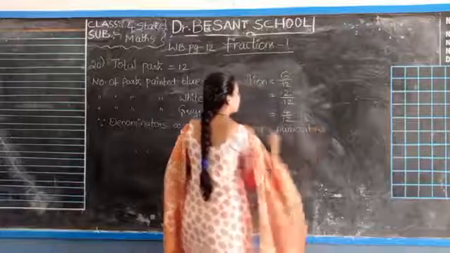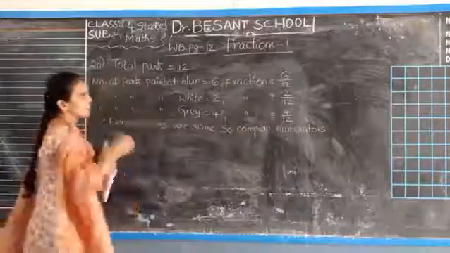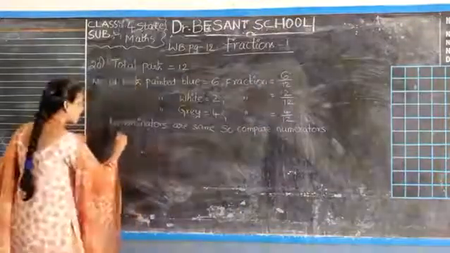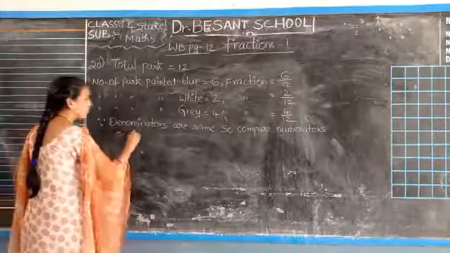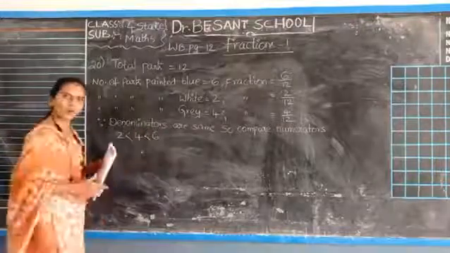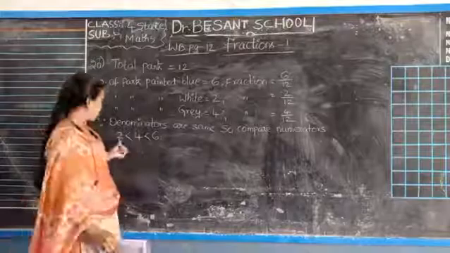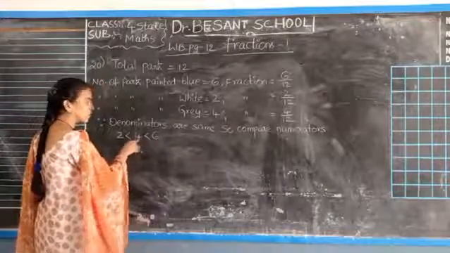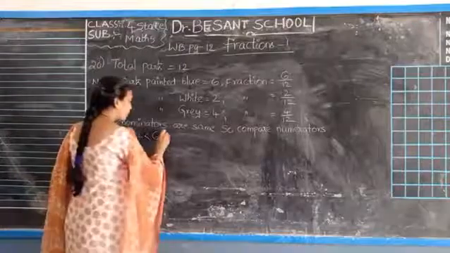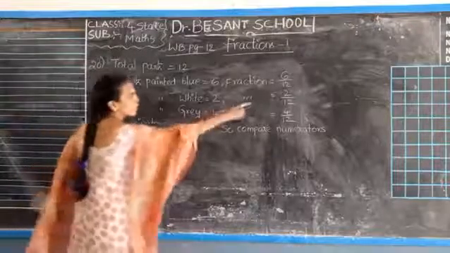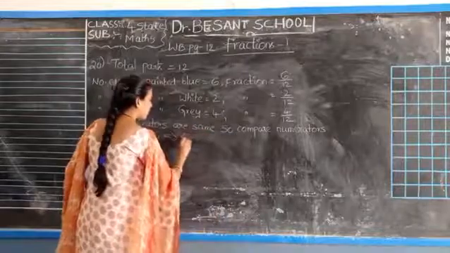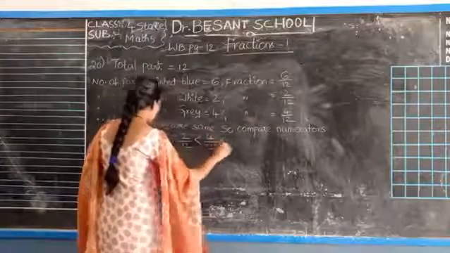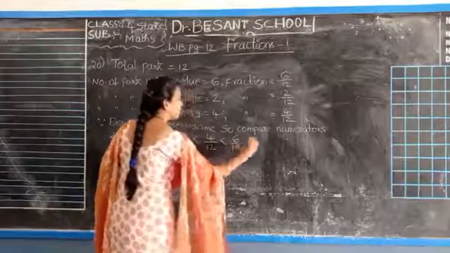While comparing the numerators, see here, 6, 2, 4 are there. So we can write like this: 2 is less than 4 is less than 6, or we can also write 6 is greater than 4 is greater than 2. So 2 by 12 is always less than 4 by 12, which is less than 6 by 12.